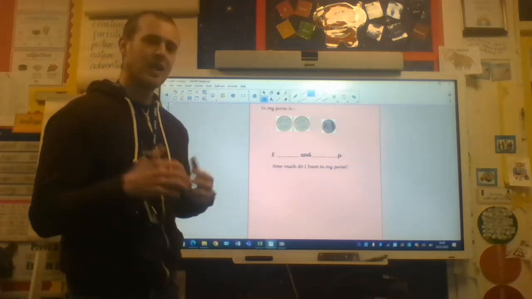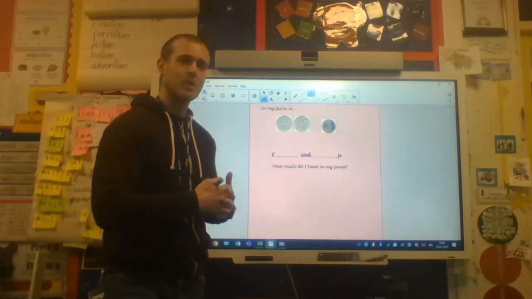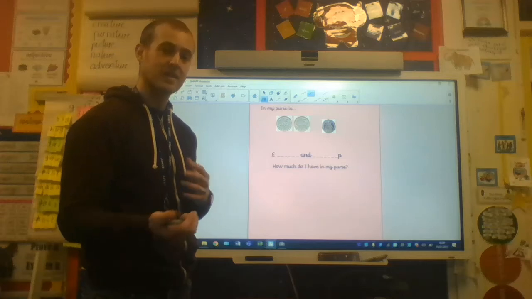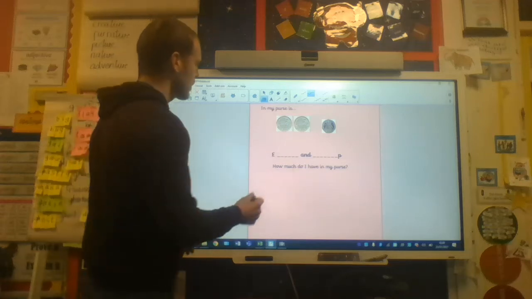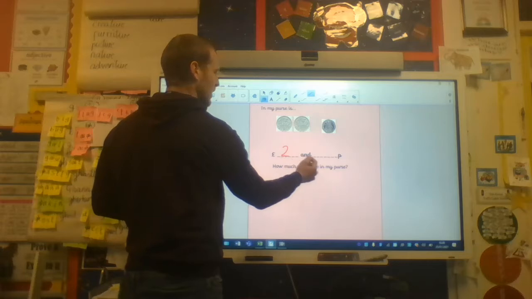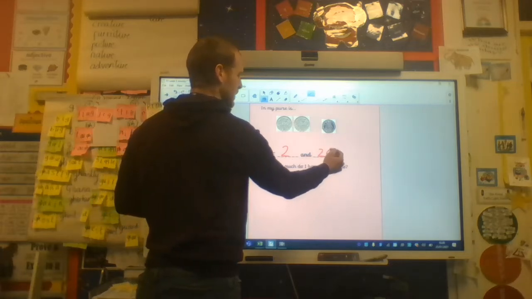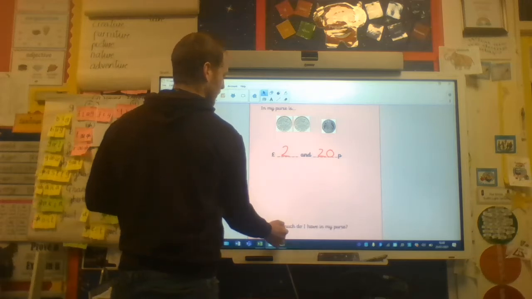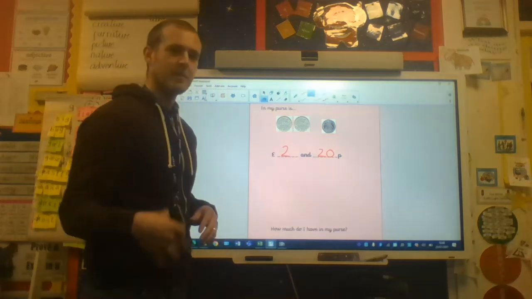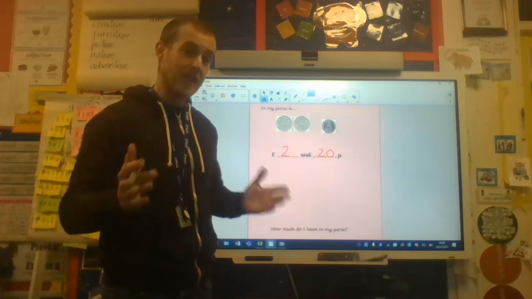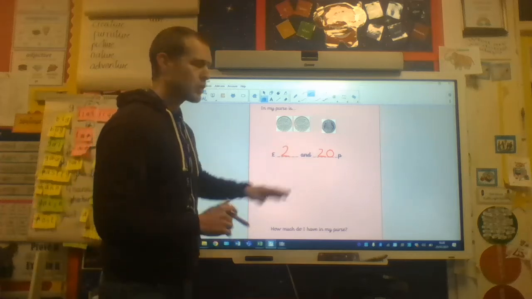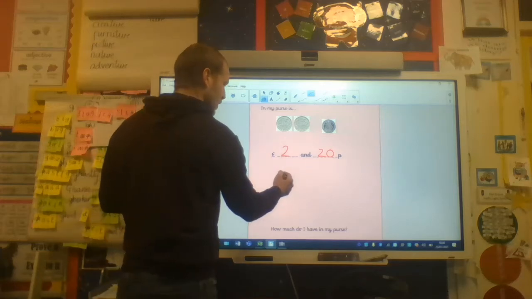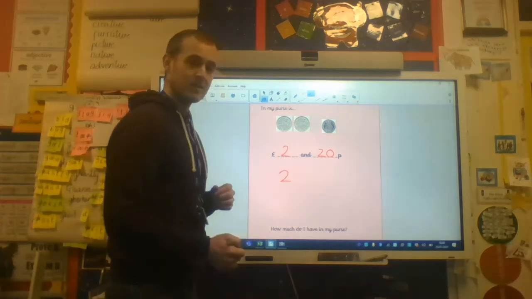Okay. In my purse, yesterday we were looking at grouping the money so that we could add it up and count it effectively. Today I've got £2 and 20 pence. If I want to think about how much pence that is altogether, think about £2. £2 is the same as 200 pence.